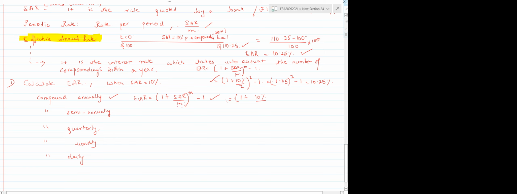When you compound yearly, it is 10%; when you compound semi-annually, it's going to be 10.25; quarterly, it's going to be 10.38128; monthly, it's going to be 10.4713.